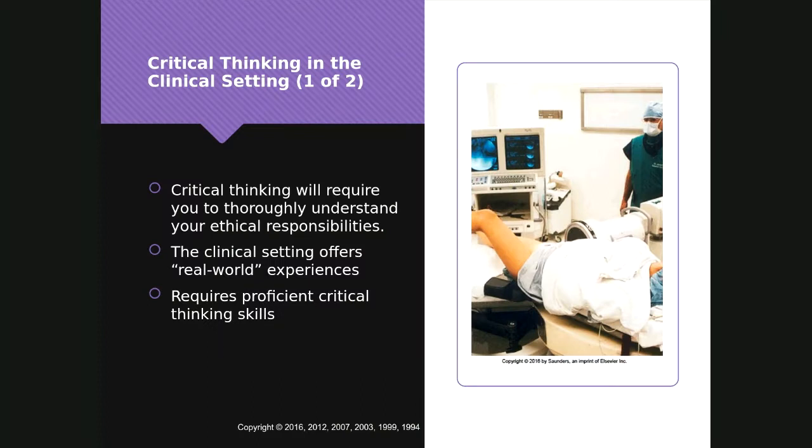The critical thinking in the clinical setting, again, critical thinking requires us to thoroughly understand the ethical responsibilities that we have to the patient. Okay, our ethical responsibilities to the patient, remember those are found in the back of the book. We have the code of ethics.